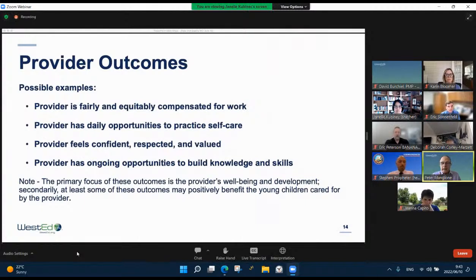And we want them to have clearly defined opportunities that they understand and can connect with to build their knowledge and skills. And just to note, and this note is very important, we are focused first and foremost on the well-being and development of the providers. And by the way, secondarily, if this can be part of the experience of being a provider, we know there will be benefits for young children who are cared for by that provider.